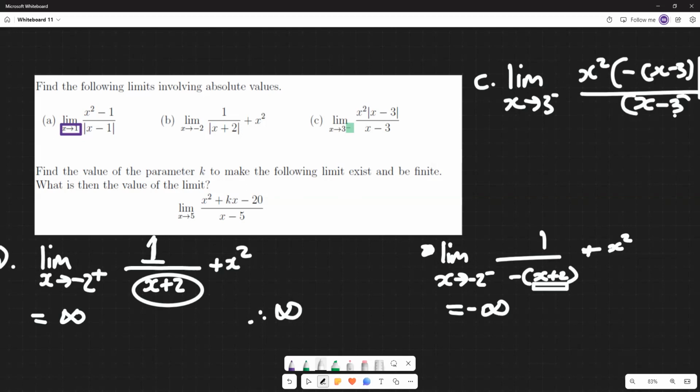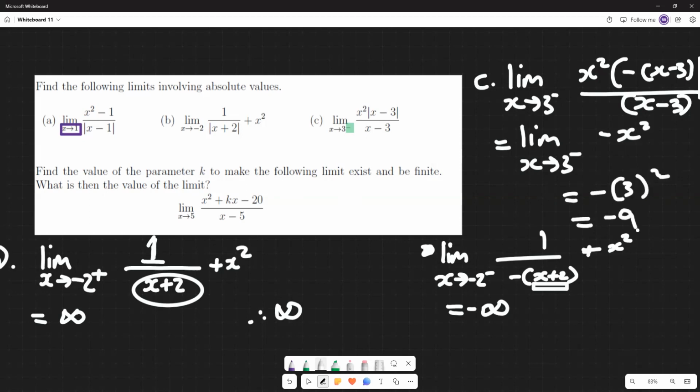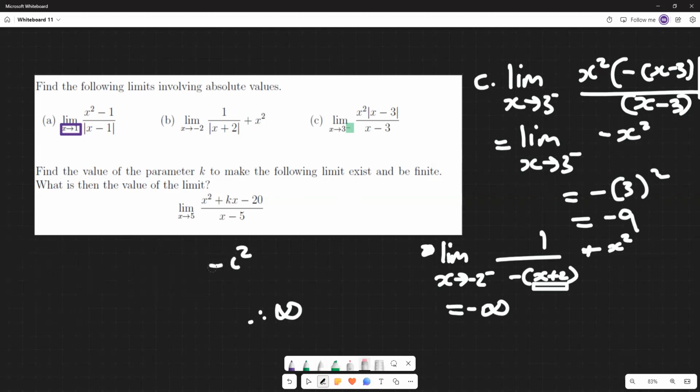Then I'm sure, ladies and gents, you can see that this guy will cancel with that guy. So you're basically left with the limit as x approaches 3 from the left of negative x squared. This negative will multiply with that, which is -3 squared, which is -9. So the answer for C will be -9. Right. Awesome. So now let's try the next question.